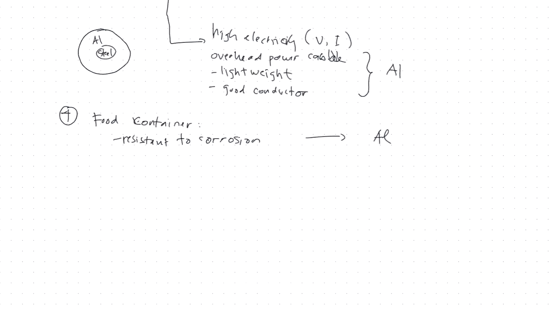Again, we're going to see the concept. The concept is the suitability of property. What you use it for is going to tell what property you want from a substance. Then from this, we choose the substance.